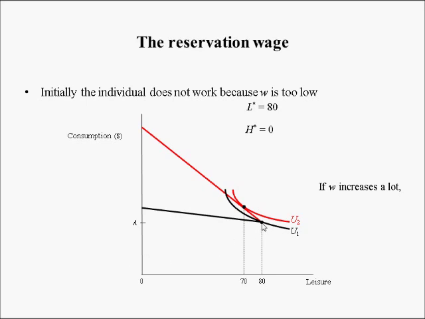So the reservation wage is equal to the slope of the indifference curve that passes through the endowment point. Not the budget line that passes through the endowment point, but the slope of the indifference curve that passes through the endowment point. So at this new, higher W, the leisure is 70, hours worked is 10.